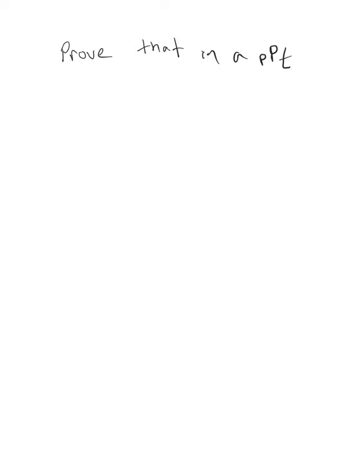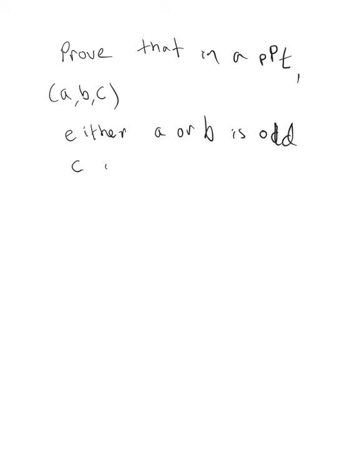So prove that in a primitive Pythagorean triple, A, B, C, either A or B is odd and the other is even, and that C is always odd.